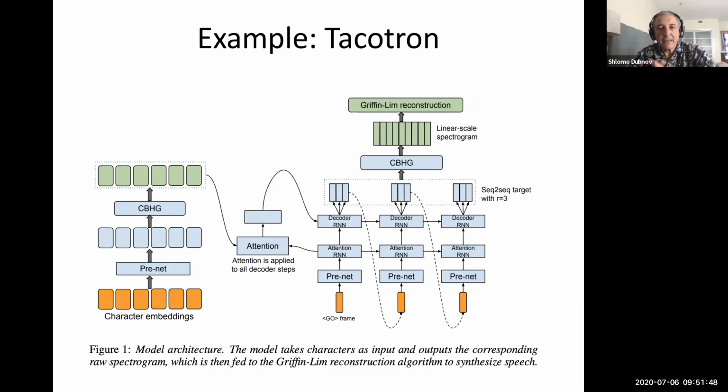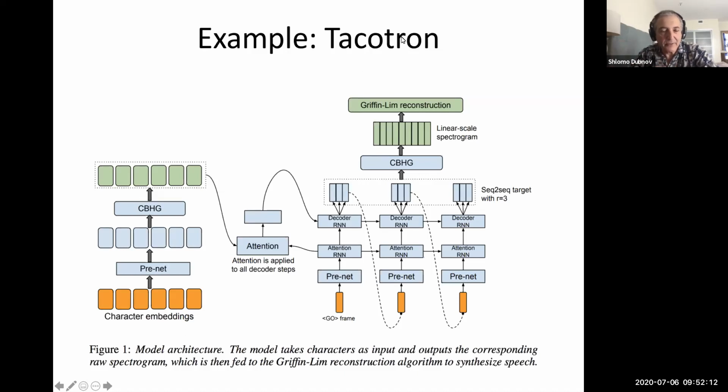Now, having seen this, you probably wonder, well, where do we need to use this kind of Griffin-Lim reconstruction. This is something we didn't cover yet. This is an example of a text-to-speech system in deep learning, state of the art.